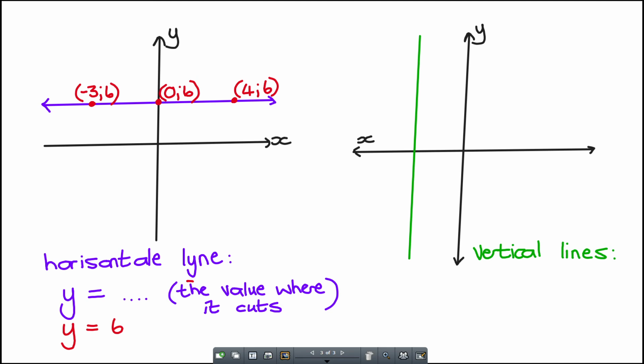Okay, nou vertikale lyne sny weer net deur wat se as? Deur my x-as. Nee. So the equation of those lines will always be x is equal to wherever it cuts. Okay.